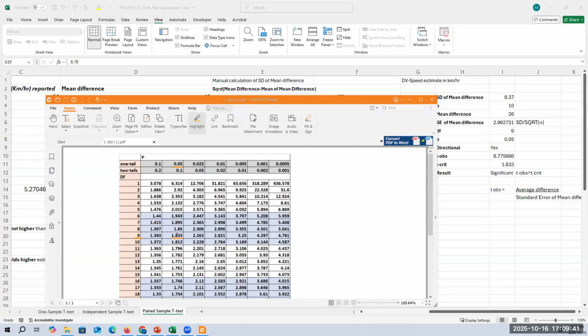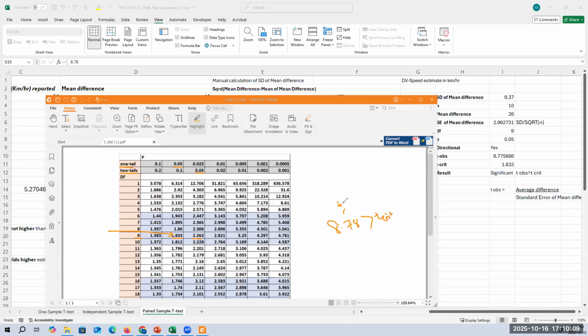This would be for the one-tailed test at 0.05. And for the two-tailed test, at 9 degrees of freedom, it's 2.262, right? So our t value is found to be 8.78, and that's much bigger than our t critical.